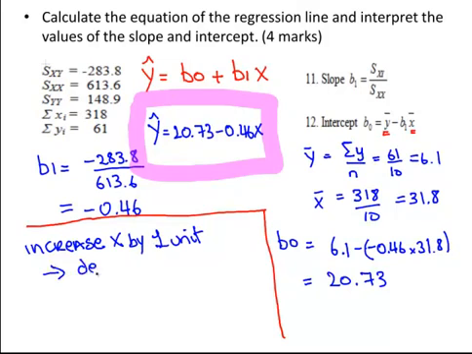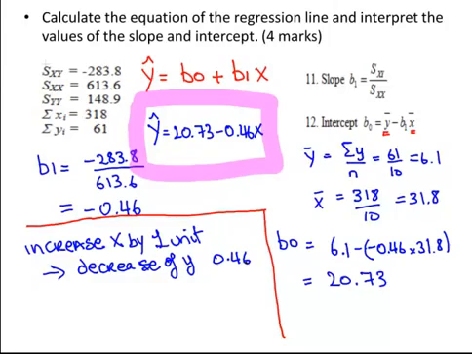That implies a decrease of Y by 0.46 units. So for every unit increase in X, there's a decrease of 0.46 in Y. You can say that if we increase the age by 1 unit in the model, it'll cause a decrease in the number of days missed by 0.46 units. Okay, so that's the slope estimate.